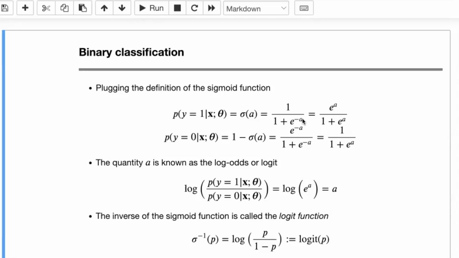If you want, we can multiply both numerator and denominator by e to the A to simplify this, and that's the result that you get.